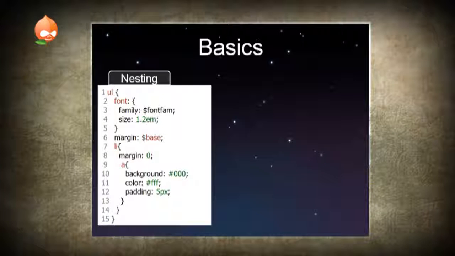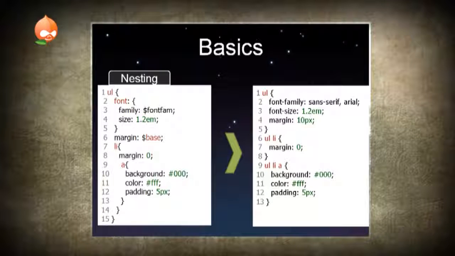UL LI, UL LI. If you have something below that like drop downs, you have to do UL LI inside of that, and then UL. It's a mess. And being able to nest like this creates a lot of possibilities. And this would just be output as such.